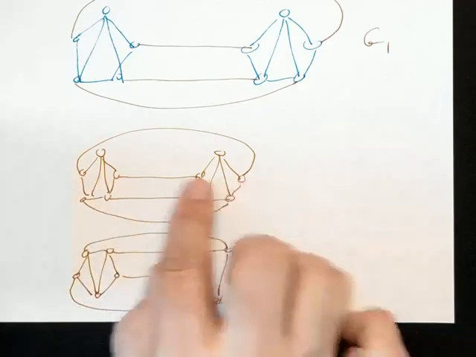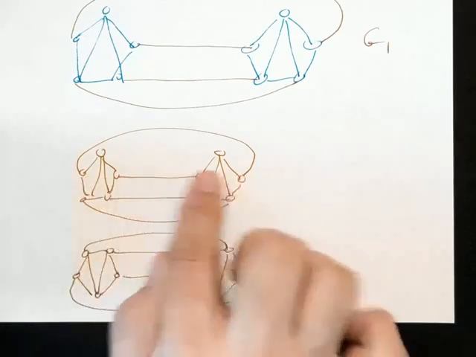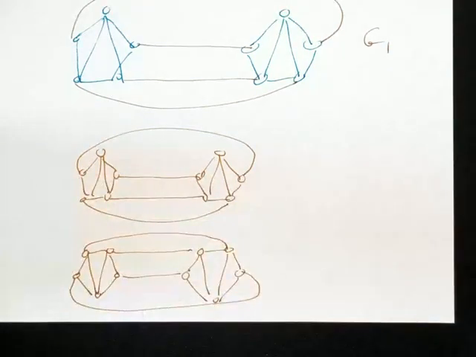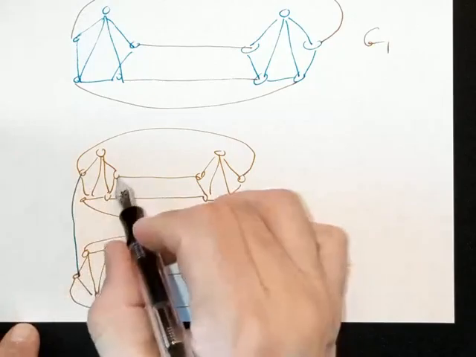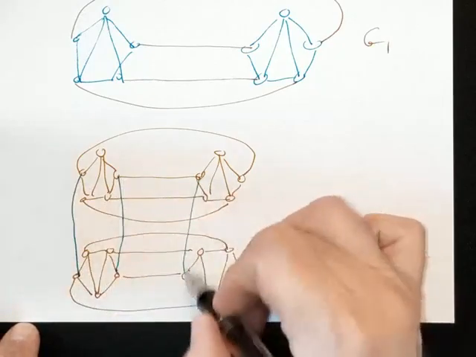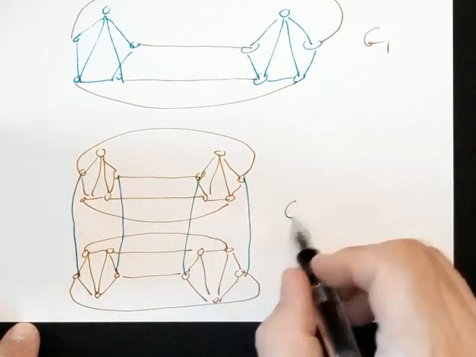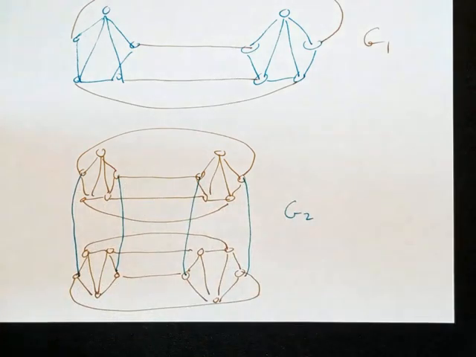These 4 in a row right here, they're degree 3, aren't they? That means these 4 down here, if I connect those, this is 4 regular, isn't it? Every single vertex is degree 4.